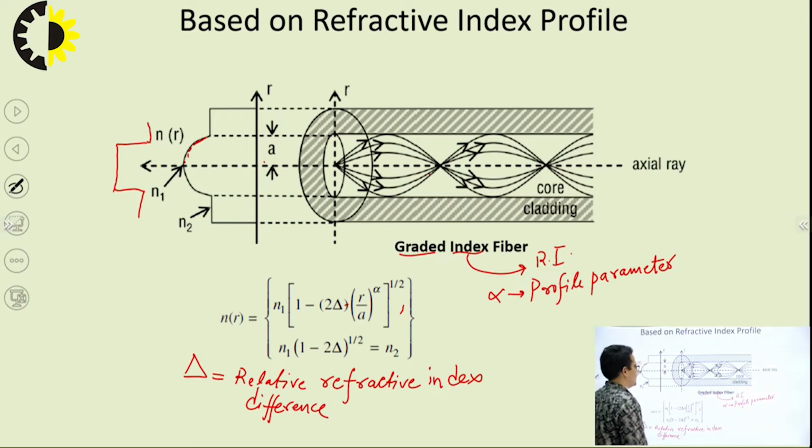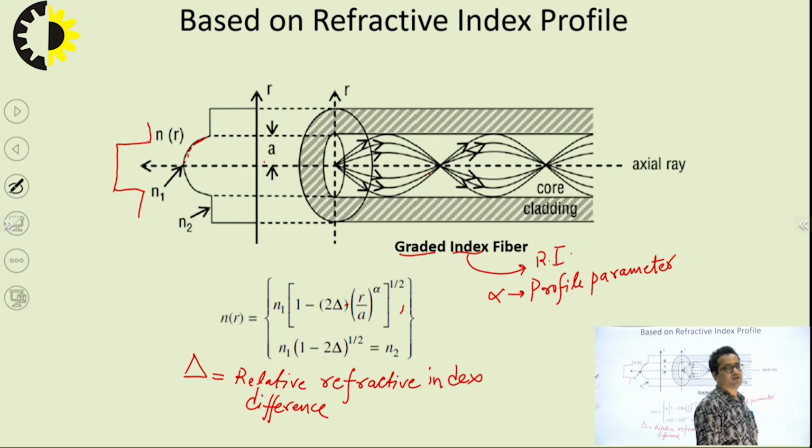So this is what delta is, and alpha is your profile parameter. Based upon the refractive index variation, that means step, triangular and so on, the alpha value will depend on that.